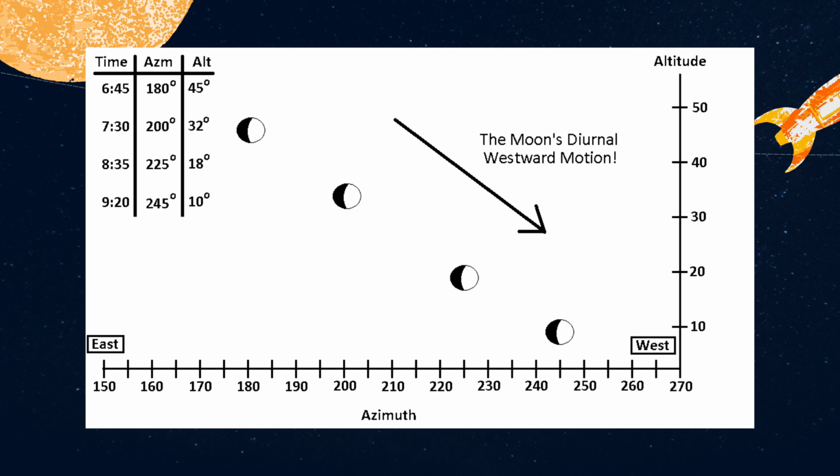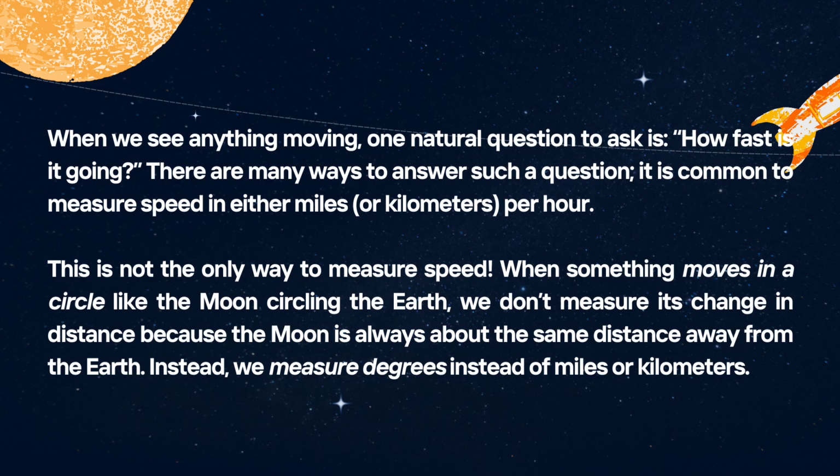Now, on this slide, you see how we graph the moon's altitude and azimuth. When we see anything moving, one natural question to ask is, how fast is it going? There are many ways to answer such a question. It is common to measure speed in either miles or kilometers per hour.